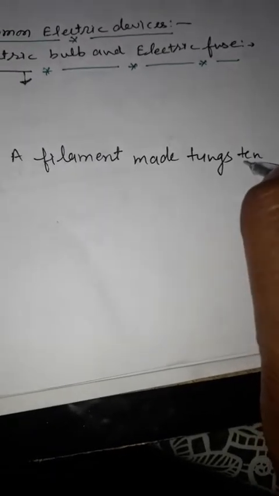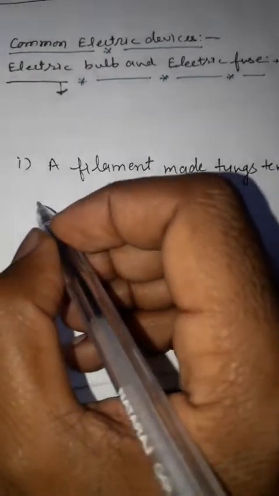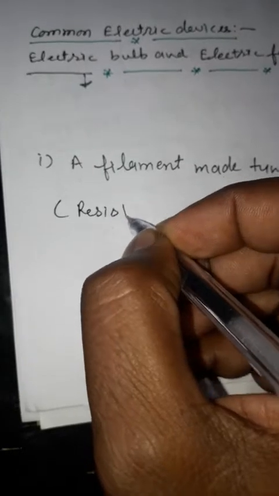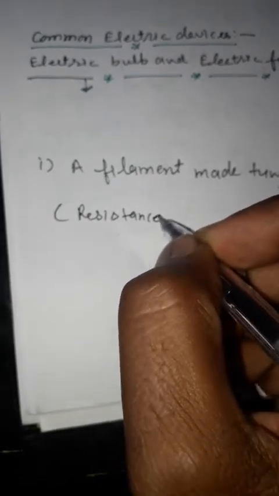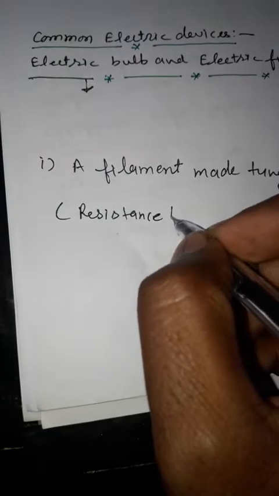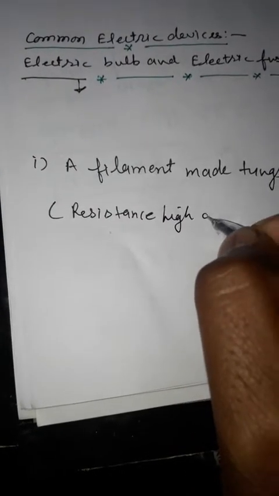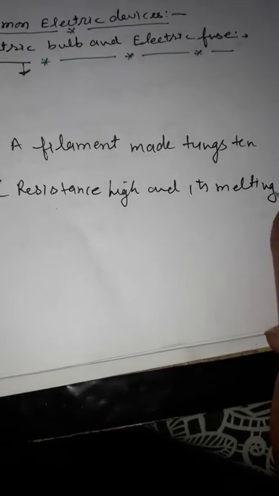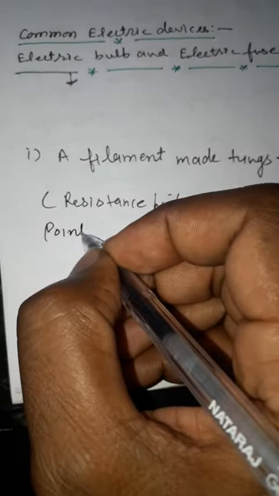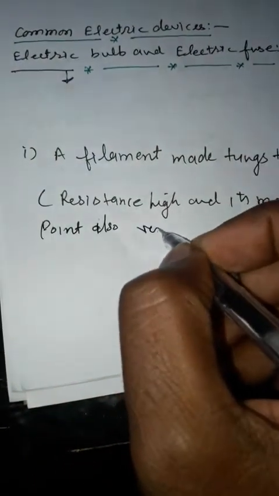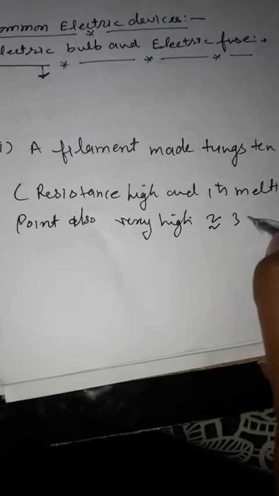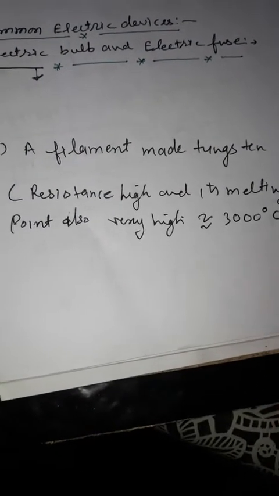Tungsten is a material which has some important characteristics: its resistance is very high, and its melting point is also very high, of the order of 3000 degrees Celsius.